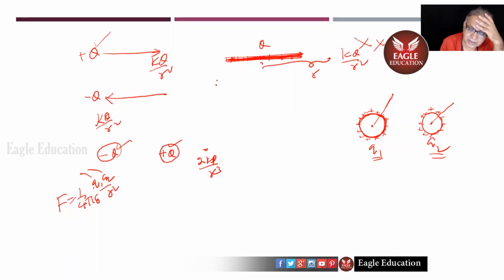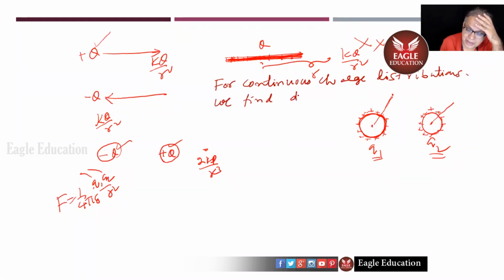That's fine. For continuous charge distributions, we find the elementary electric field, that is, the infinitesimally small electric field strength dE due to a dq. dq is almost equivalent to a point charge.